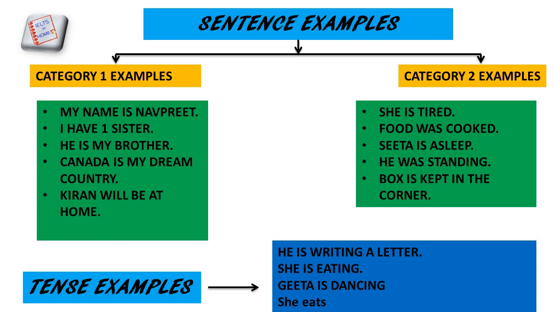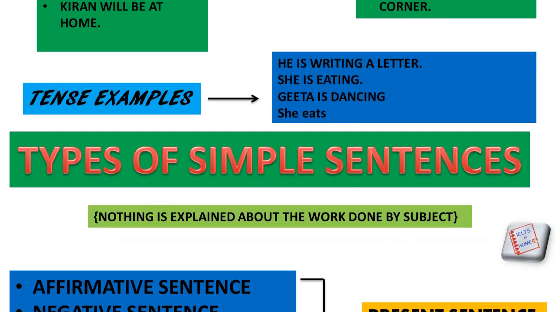And the actions or verbs are writing, eating, dancing. So this is the main difference between sentence and tense. In tense, there is a verb and also there is an action which is performed by the subject. But in sentence, there is no verb or there is no action that is performed by the subject.